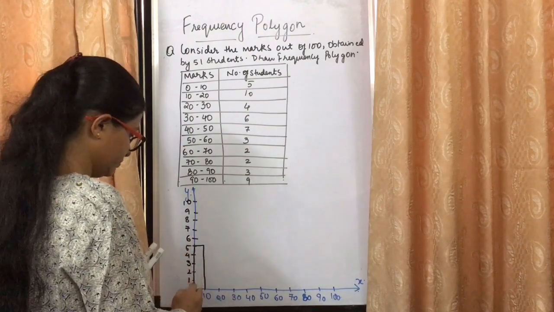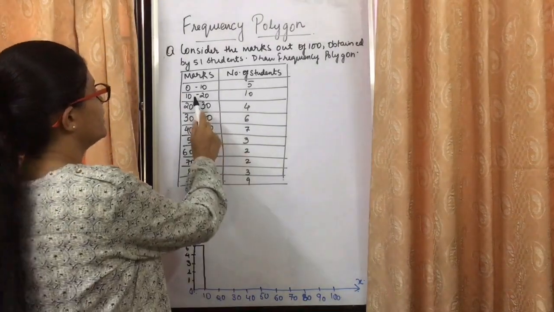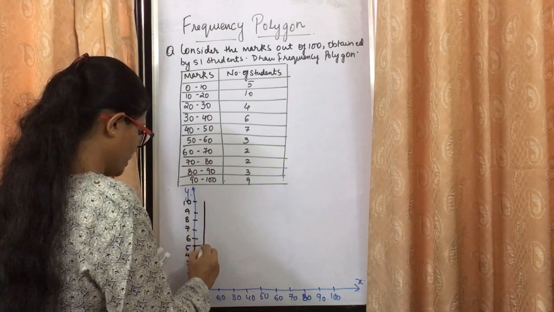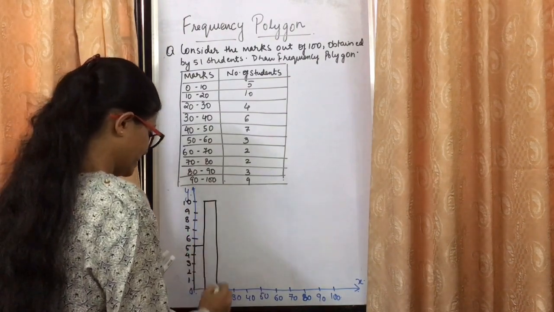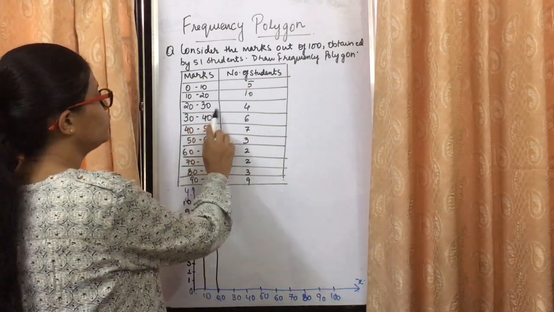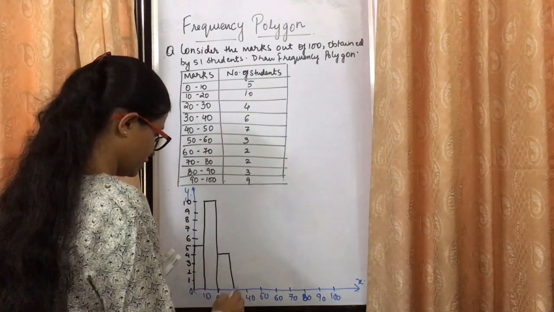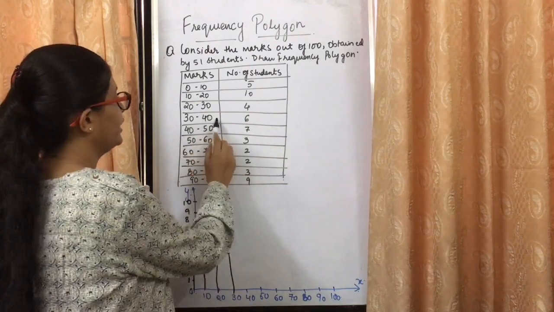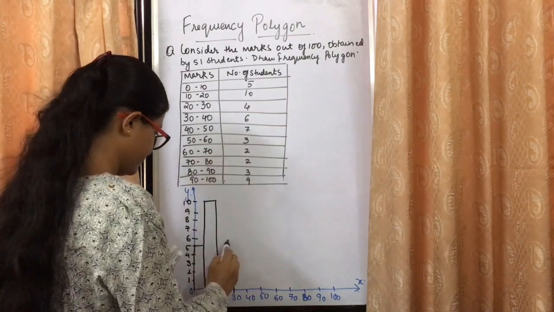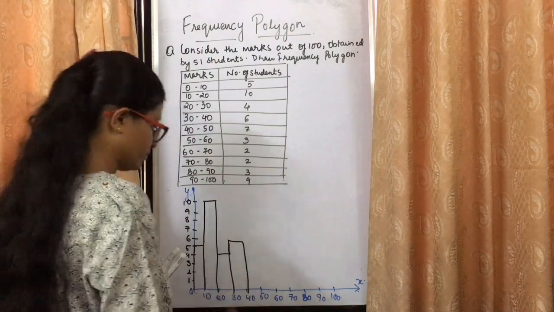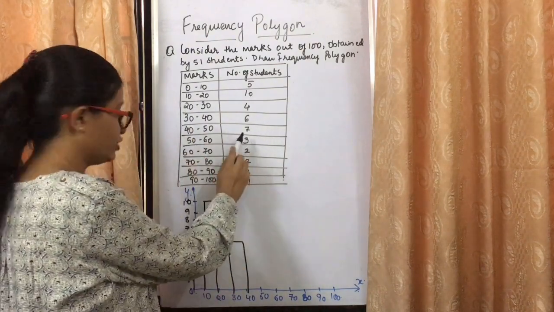0 to 10. Now 10 to 20 के बीच में कितने स्टूडेंट्स हैं? 10 स्टूडेंट्स हैं. I have 10 students between 10 to 20. 20 to 30 के बीच में I have 4 students. So this is my 4 students. 30 to 40 I have 6 students. 40 to 50 I have 7 students.